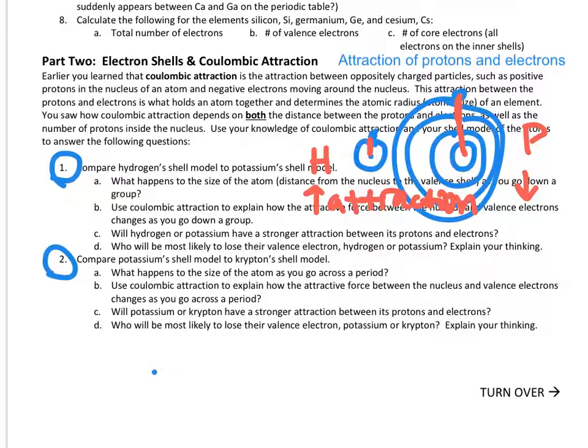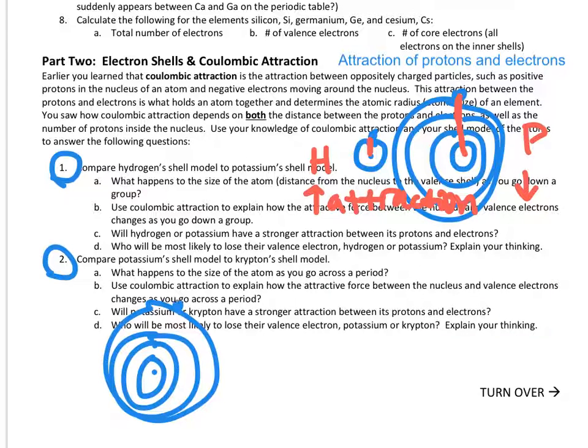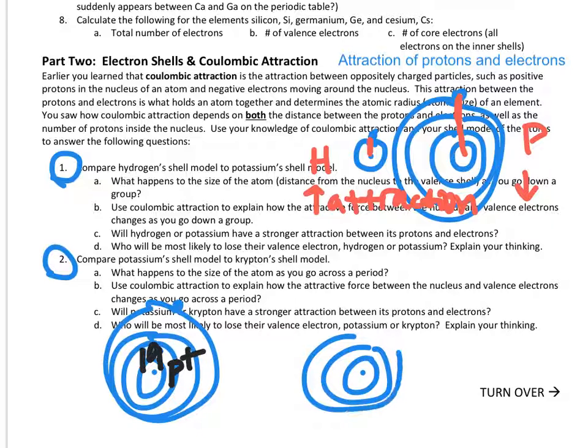Potassium has 4 rings, but only 1 valence electron, and 19 protons, versus krypton, who has again 4 rings, 8 valence electrons, and 36 protons.